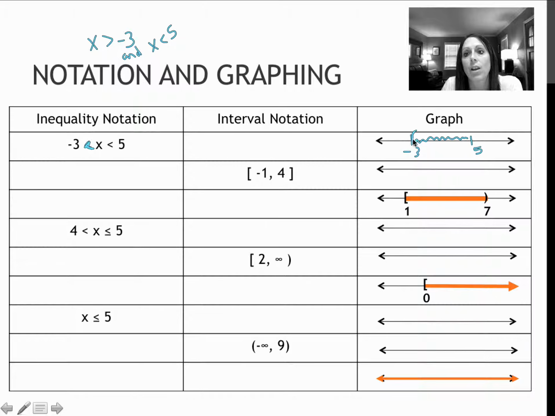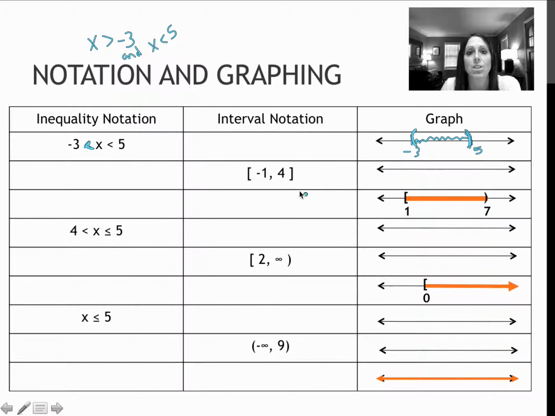So the way that we do that on a graph is we do the open parenthesis. Same thing here. It doesn't include the number 5, because if I plugged in a 5, 5 is not less than 5, so we couldn't use the number 5, but we could use 4.9999999. So that's why we use this. This tells us that it's open and that it's up to 5, but not including 5.